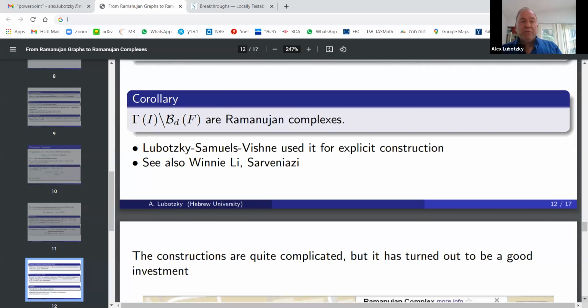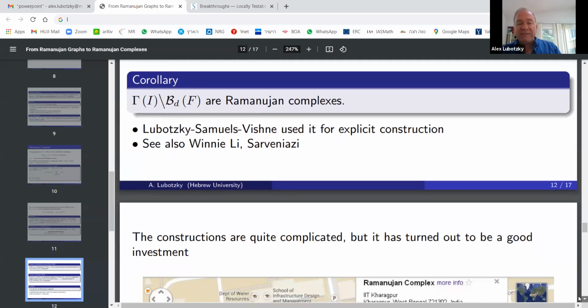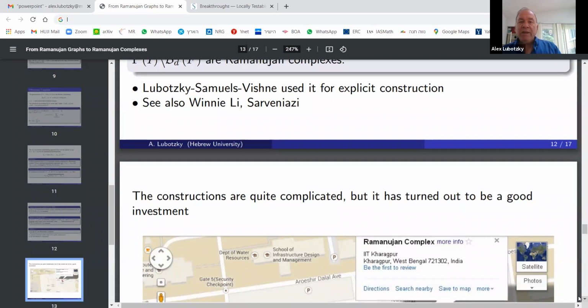Okay, I have to admit that at the time when we did it, Beth Samuel was a student at Yale, Uzi Vishne was a postdoc there. I visited there for a while, and then Beth asked me for a problem. I told her, you know, we got a lot of mileage from this theorem of Lubotzky-Phillips-Sarnak in combinatorial applications. There must be some combinatorial meaning to the theorem of Laforgue, and we set out to understand the combinatorial meaning, and that's what we came up with.